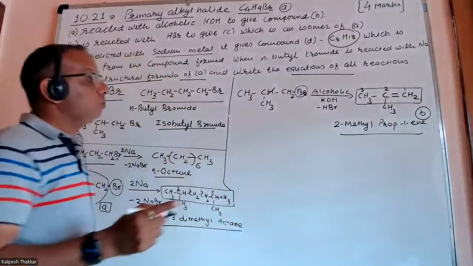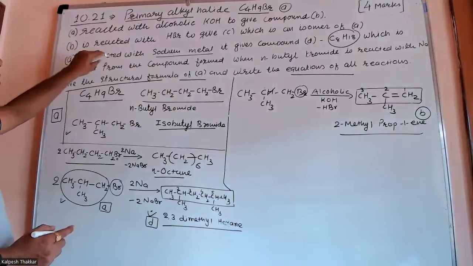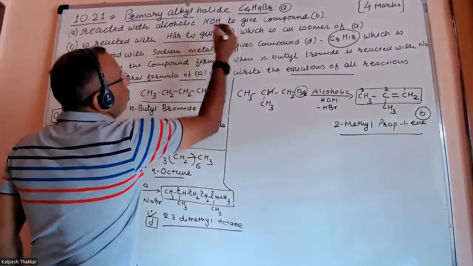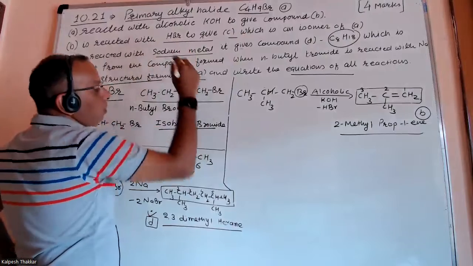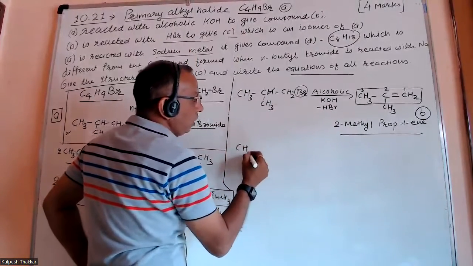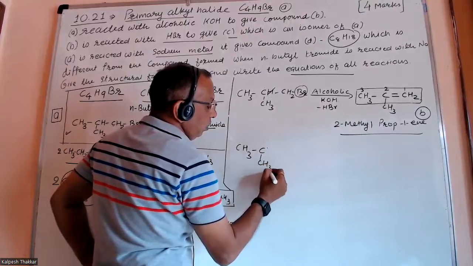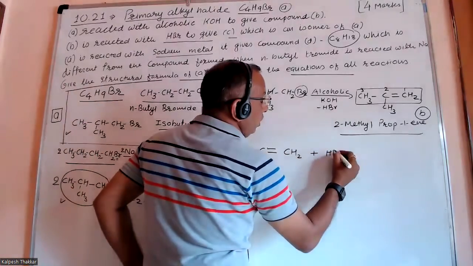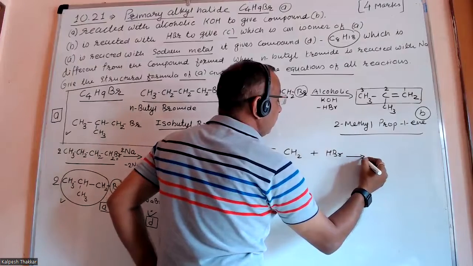Now, friends, last is to find out compound C. So B is reacted with HBr to give C. B is this one, right, friends? And B is reacted with hydrogen bromide HBr, right?